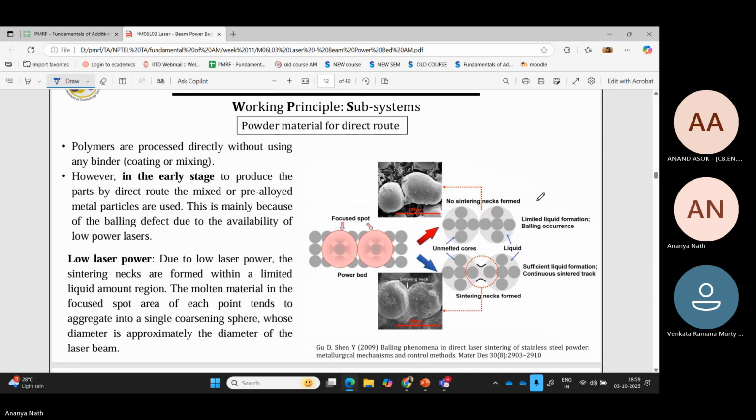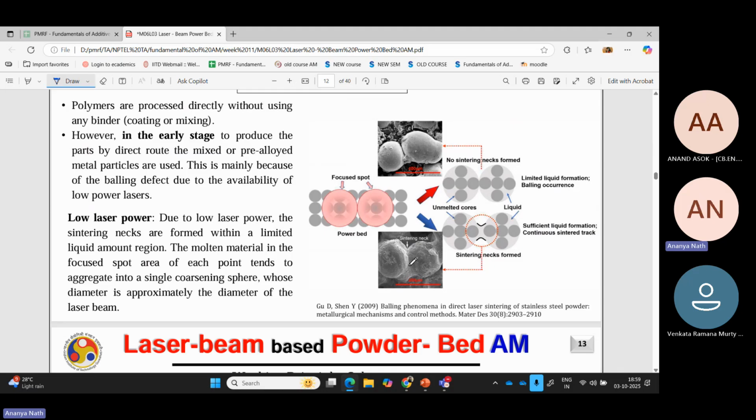If you see, this is the sintering neck. It's basically the fusion of the atoms first, and then the whole physical powder particles get fused with each other. They don't melt. So property-wise, you get properties similar to the powder, like strength, hardness and everything, in the sintered part.